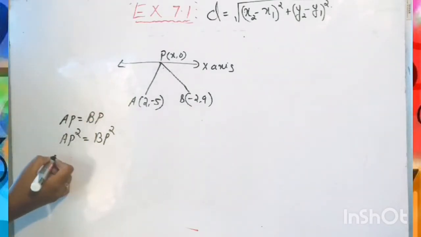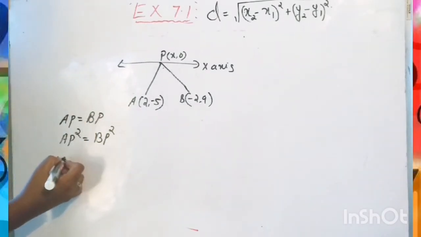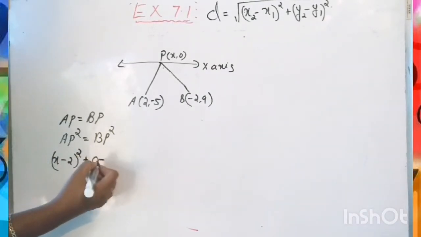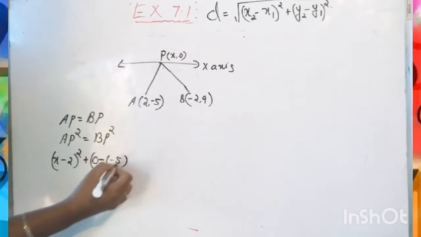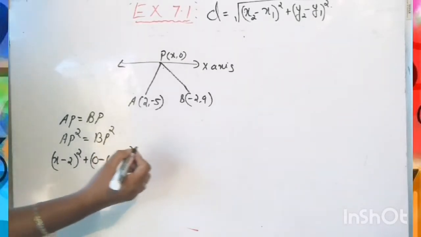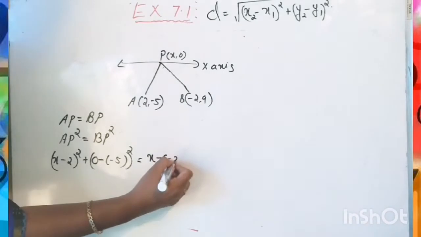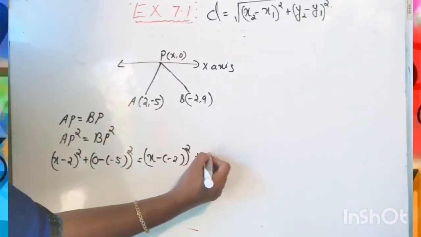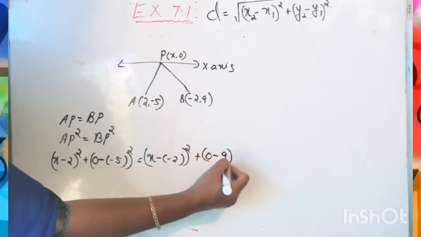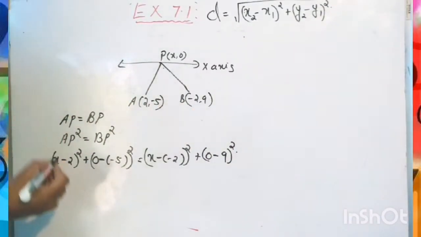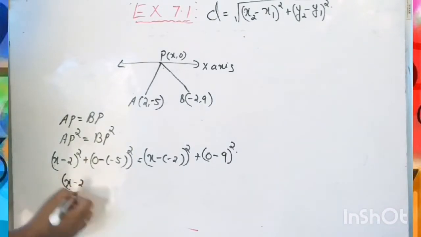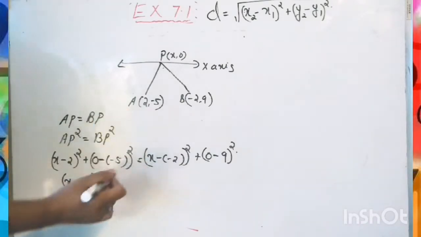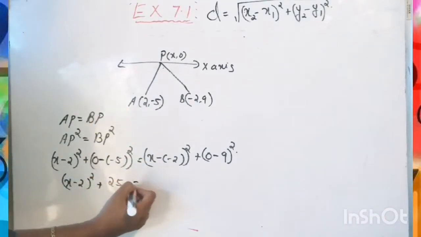Now, the x coordinate of P minus x coordinate of A all square plus y coordinate of P minus y coordinate of A all square is equal to x coordinate of P minus x coordinate of B all square plus y coordinate of P minus y coordinate of B all square. That is x minus 2 all square plus, minus minus become plus, 5 square is 25.